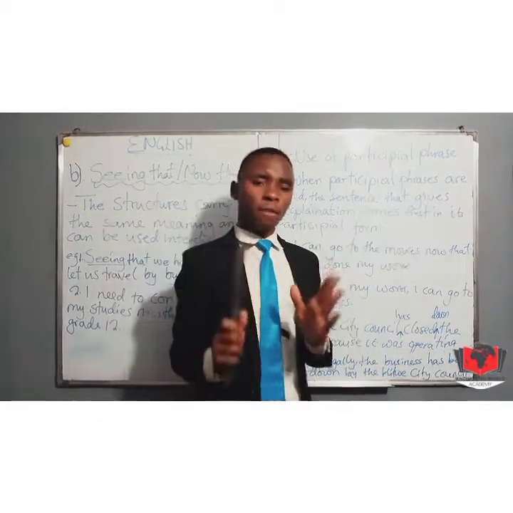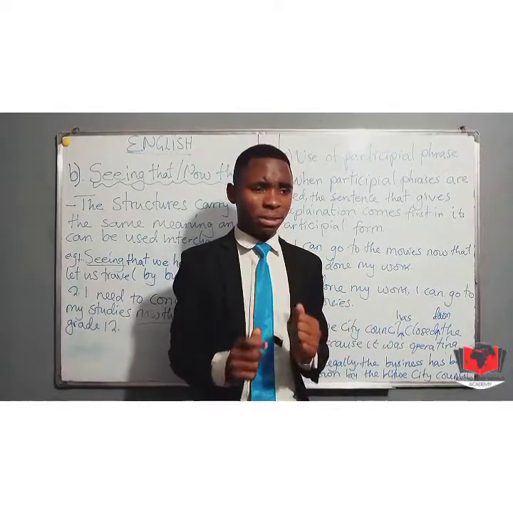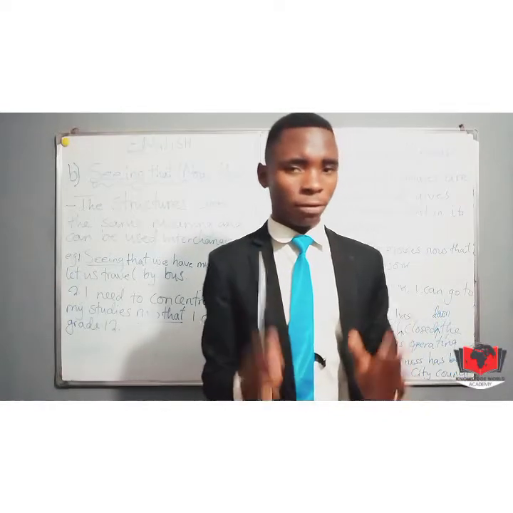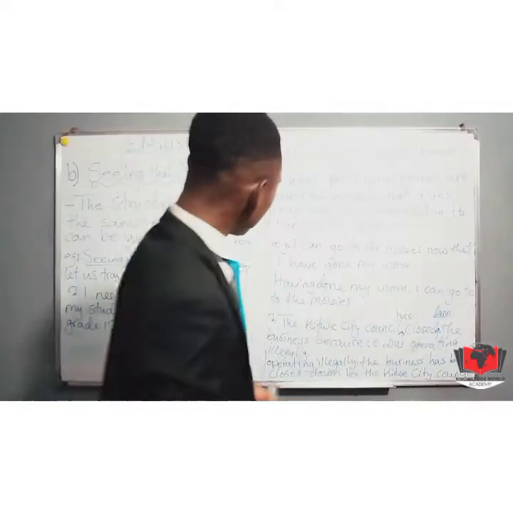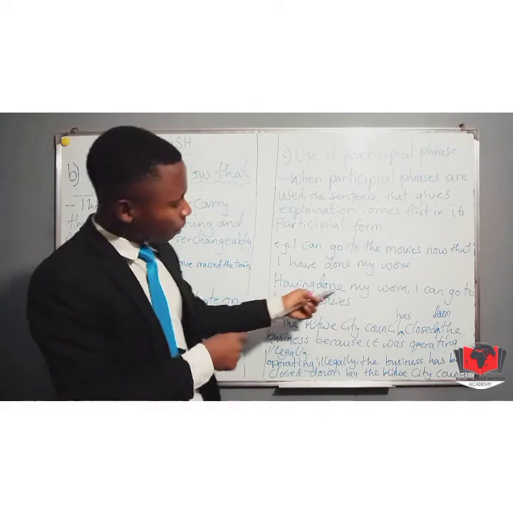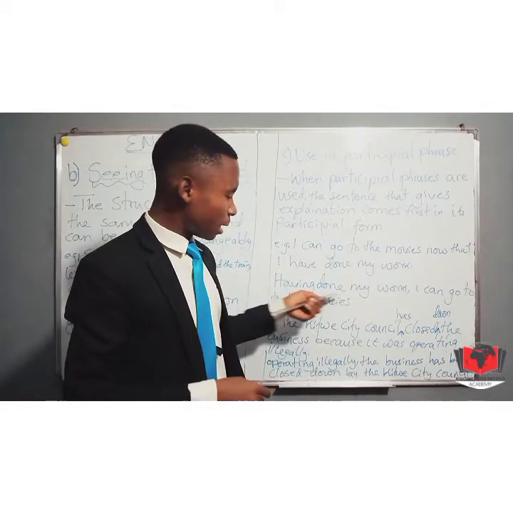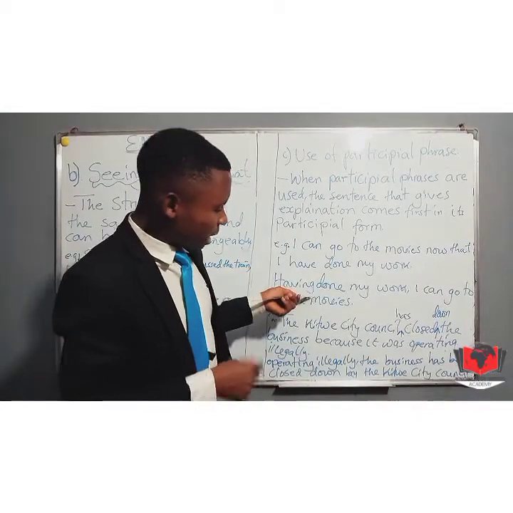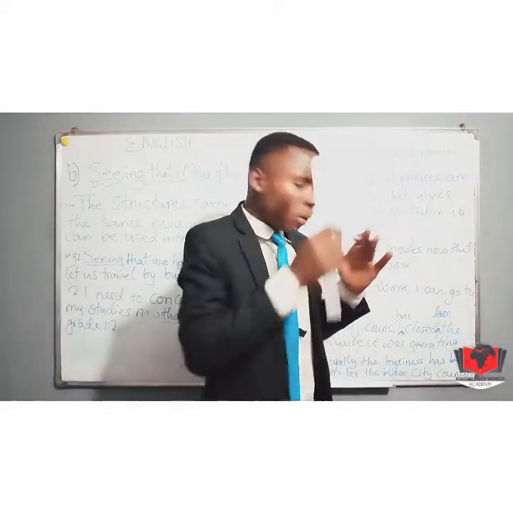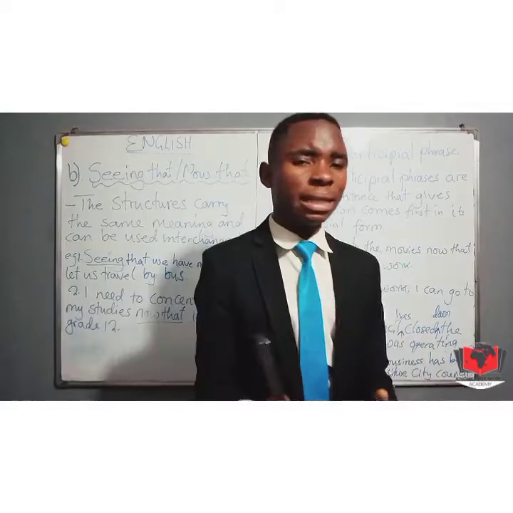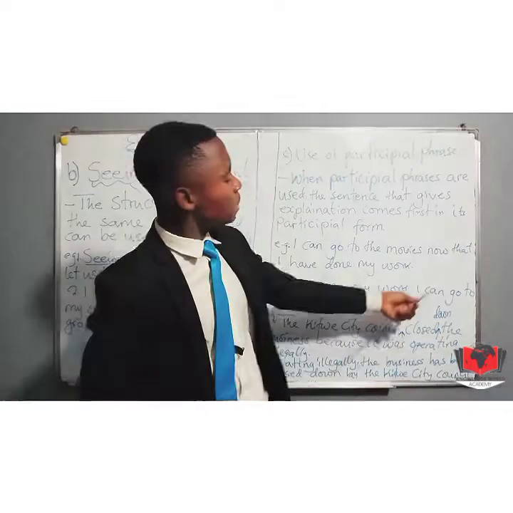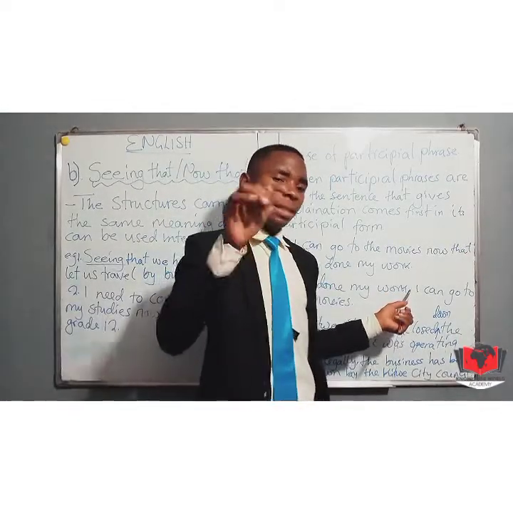There is one important point that you should consider here. You should always remember, don't forget this one. When you begin with the verb, having done my work, in its present continuous tense form, then when you introduce the second sentence, the subject or the subject pronoun should come first.